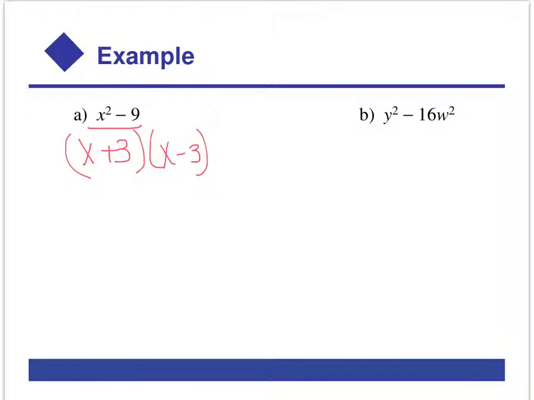Alright, y squared minus 16w squared. They have different signs. Both are perfect squares. So y is the square root, and 4w is the square root of 16w squared. So one's plus, one's minus, and they would be multiplied together. I didn't leave myself enough room, so let's write it smaller.